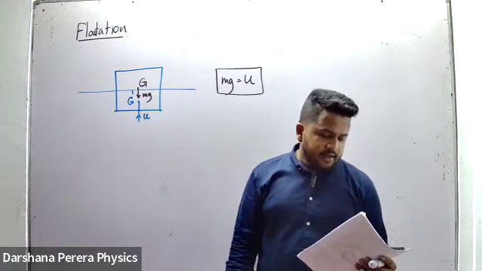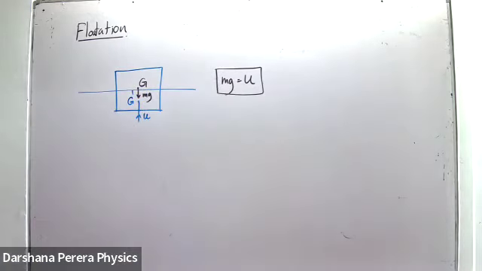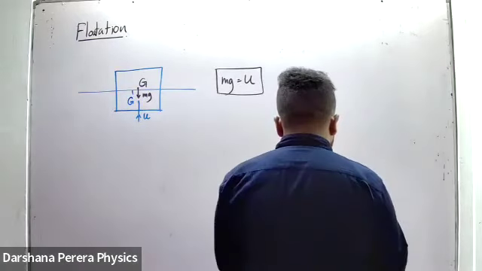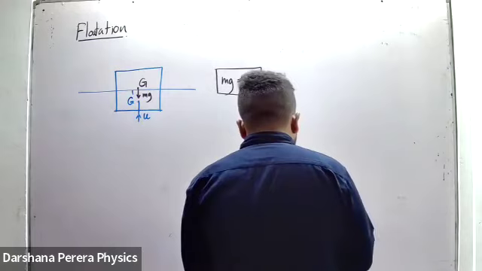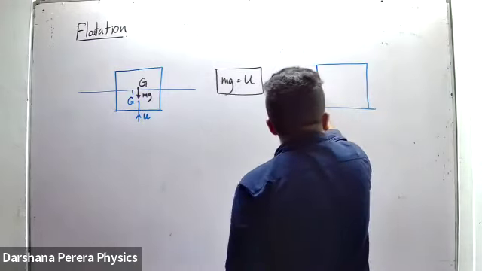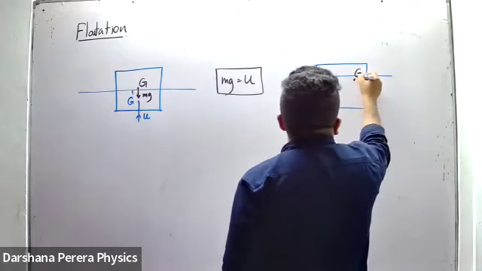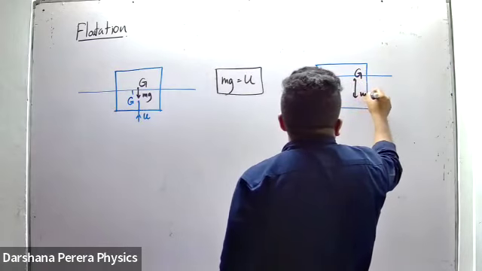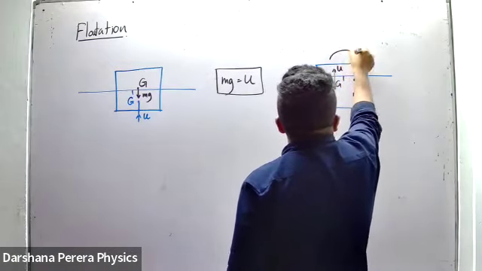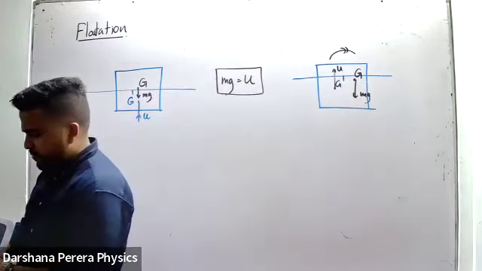If it is not, u and Mg create a couple of force. Okay, see, when G is in this position and G dash in this one, therefore it's rotating, right? Rotating.